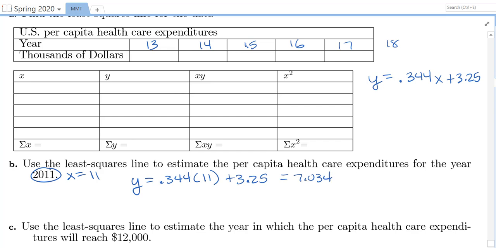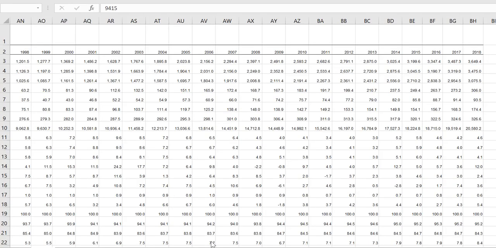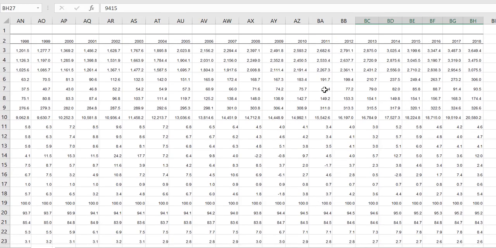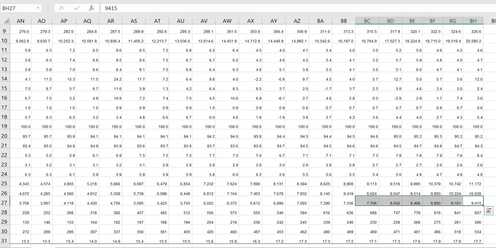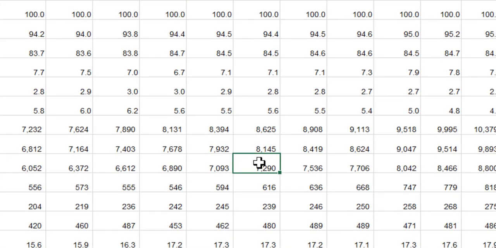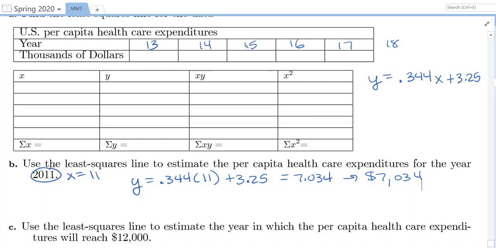Again, this is thousands of dollars, so $7,034. If we go over to the actual chart here for 2011, it would be this column here. I have the per capita highlighted down here. It was actually $7,290 in this row here. So again, close. It's an estimate that we're using here. So we're off by about $250 in our estimate.